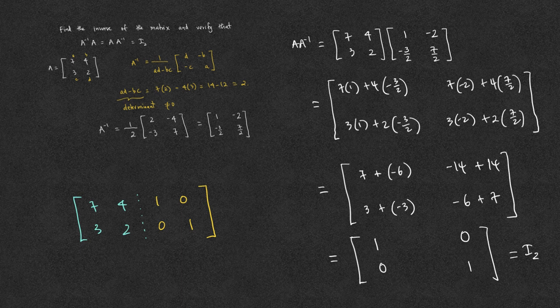Then we perform row operations to turn the first half of the matrix into the identity matrix. Whatever we do to the first half, we need to do the same thing to the second half. We end up with another matrix for the second half once the first half is the identity matrix, and that new matrix is the inverse of the given matrix.